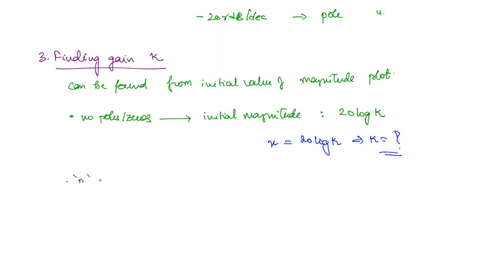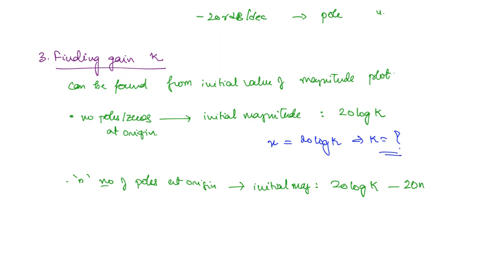But if there are poles or zeros, then what is going to happen? If there are n number of poles at origin, then the initial magnitude is going to be 20 log K minus 20n log omega.